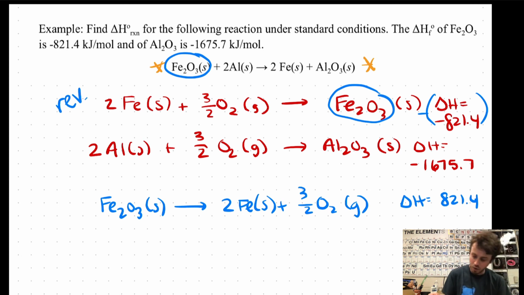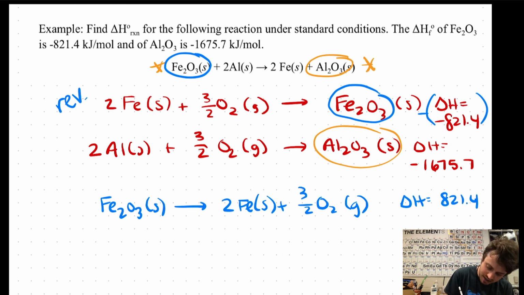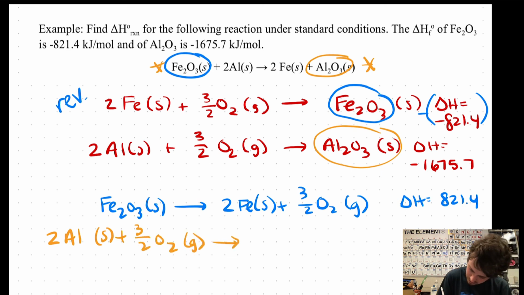For the second one, I know that Al2O3 needs to be a product, and it is, so I'm not going to change anything about this reaction. Like I said, I didn't change anything about it.